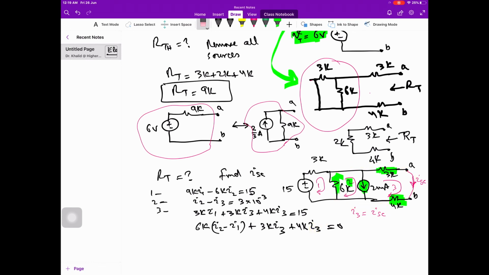We have written the equation for this loop as well.